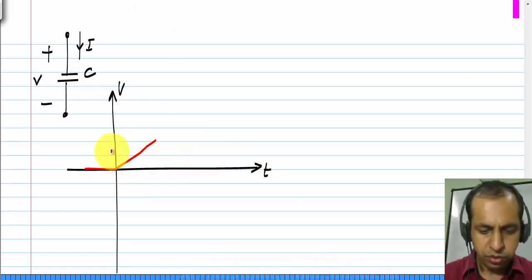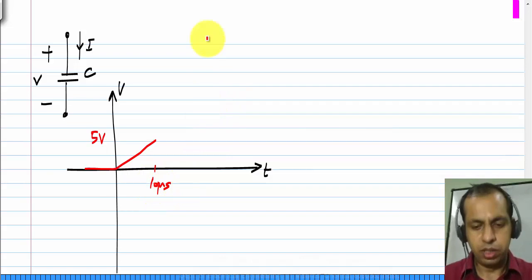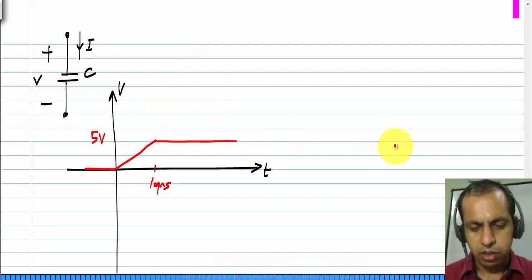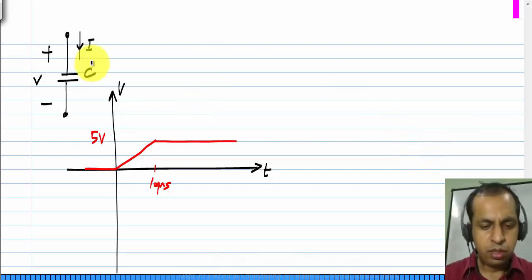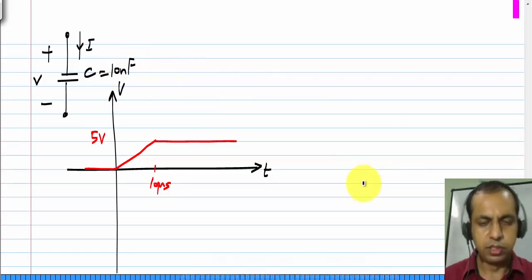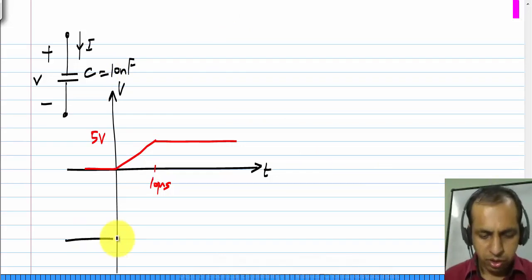Then it rises to 5 volts over an interval of 10 microseconds, and I assume that it will increase in a straight line, and then it stays constant at 5 volts. And let's say the capacitor value is 10 nanofarads. Now I'll plot the current through the capacitor.